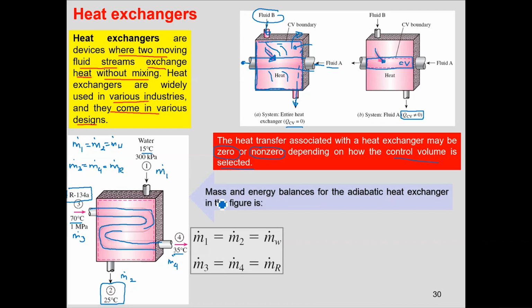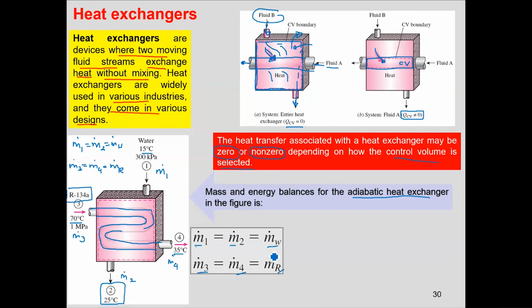So the mass balance equation, for an adiabatic heat exchanger or otherwise, would be that the rate of mass entering through inlet 1 would essentially be equal to the rate of mass leaving the system from exit 2, which is the mass flow rate of water, and the mass flow rate of refrigerant at inlet 3 is essentially equal to the mass flow rate at exit 4.